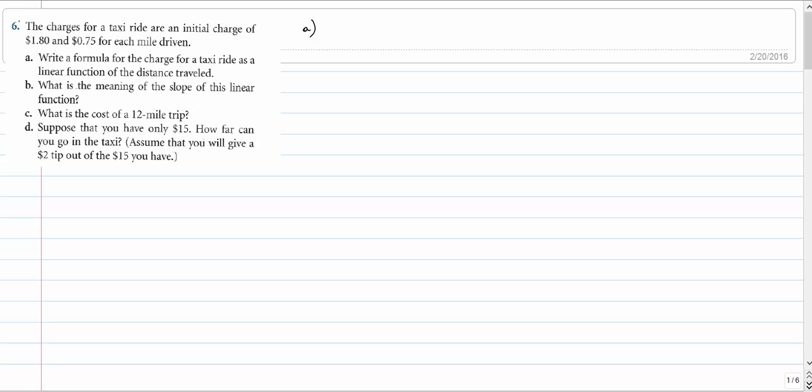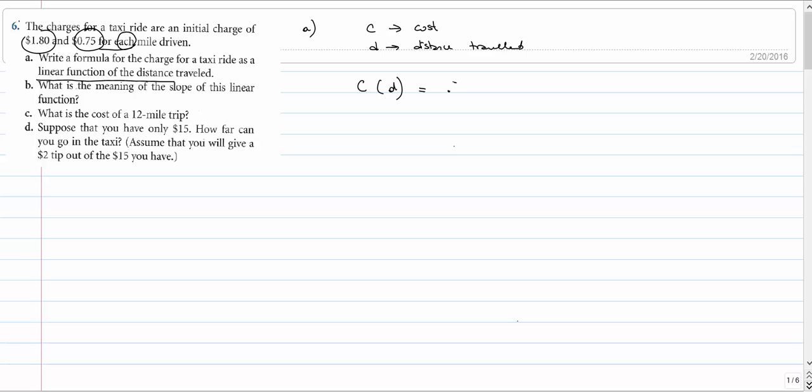So let's say C represents my cost and D represents the distance traveled. Because I want it as a linear function of the distance traveled, the charge as a function of distance is equal to the initial charge, $1.80, and then 0.75 for each mile.